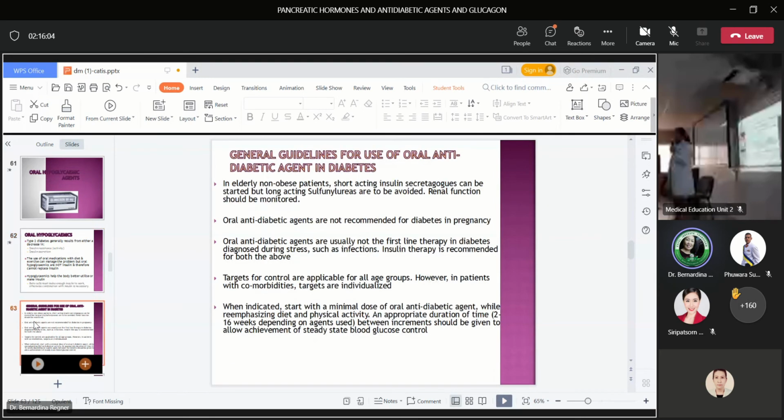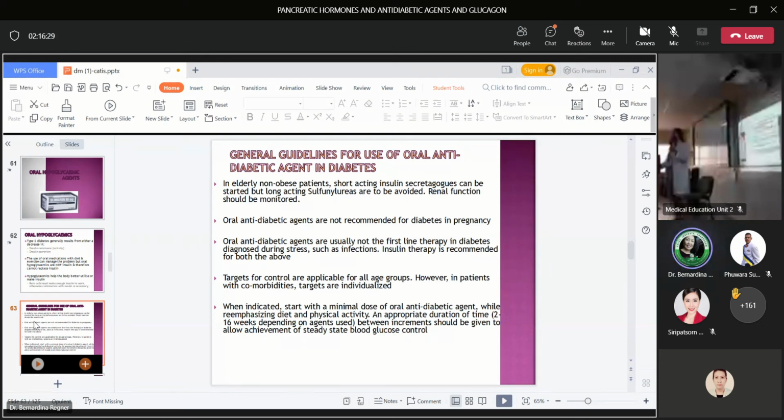General guidelines in elderly non-obese patients: short-acting insulin secretagogues. Give me an insulin secretagogue. Sulfonylureas can be started, but long-acting sulfonylureas are to be avoided in the elderly. And you must monitor the kidneys, renal function.